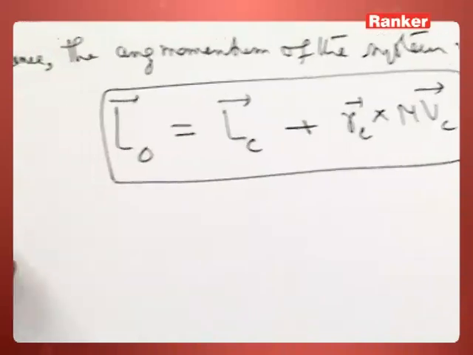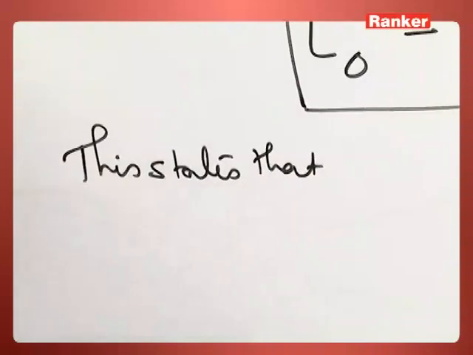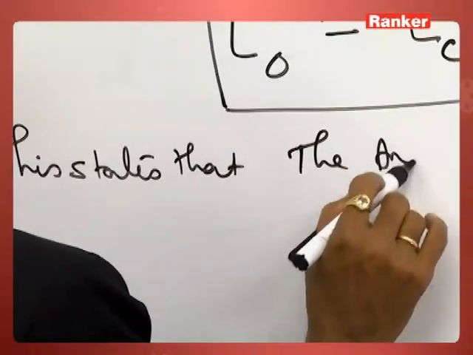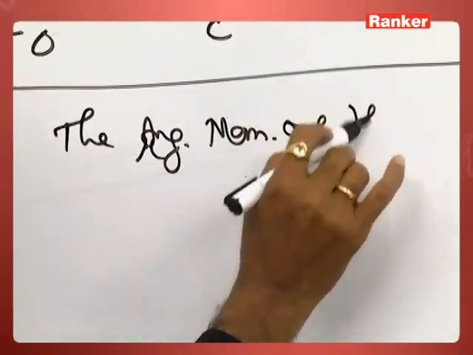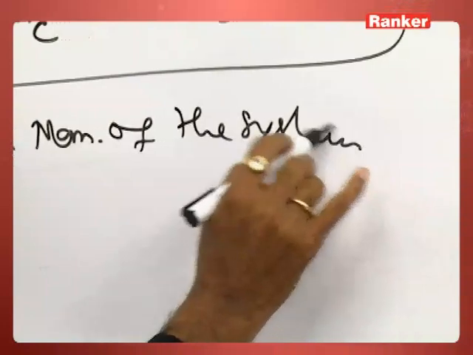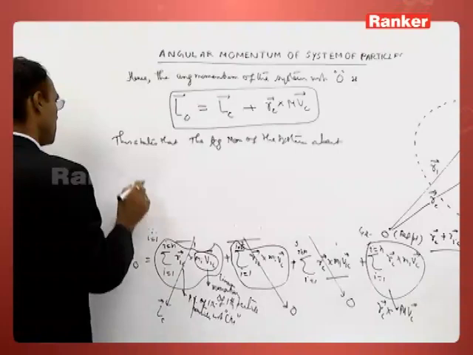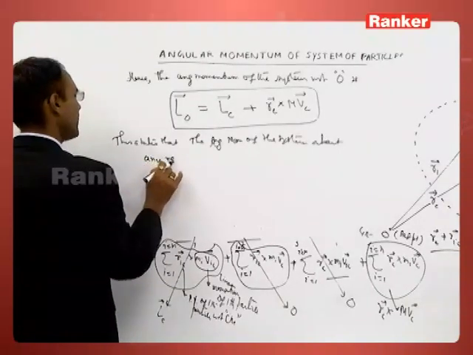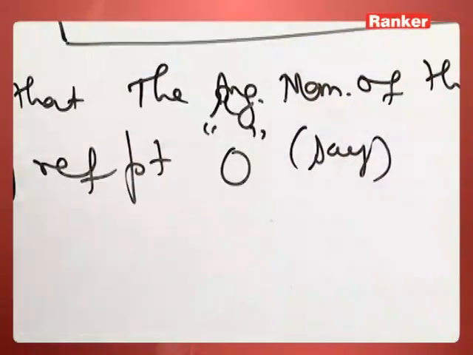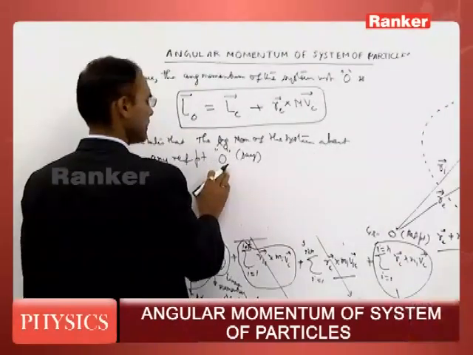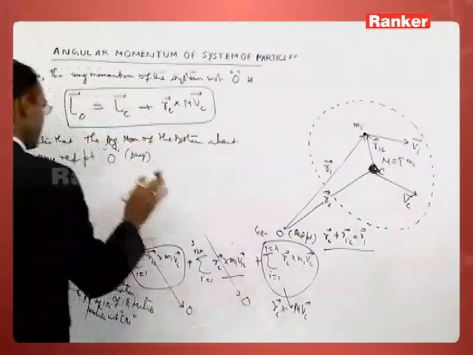This states that the angular momentum of the system about any reference point O, say, may be fixed or it may be moving with certain velocity, doesn't matter.